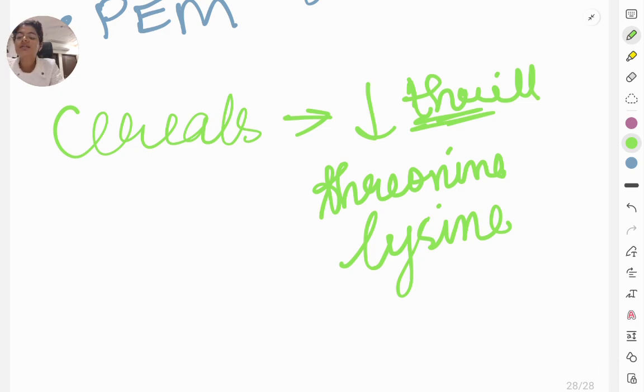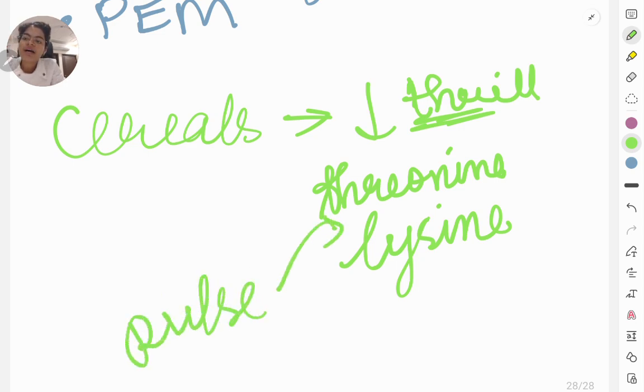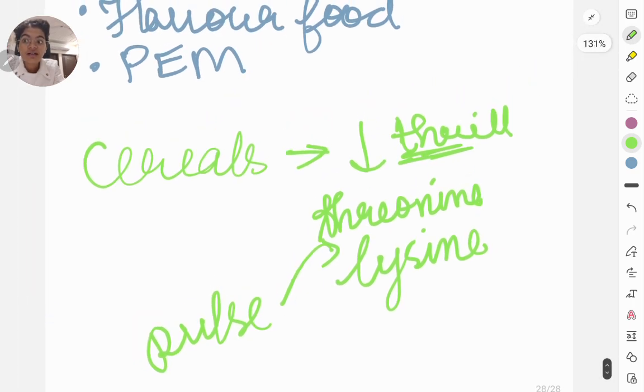Thereby, for this we need to use pulses. Pulses are going to compensate it, and thereby we find that in an Indian thali, Indians eat pulses along with rice. That is the logic behind the trend going on for so long.